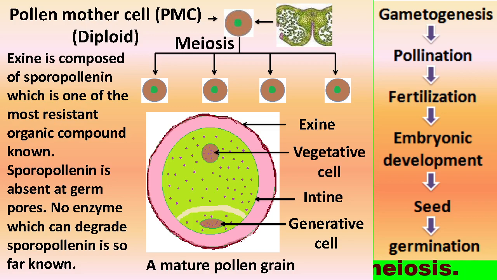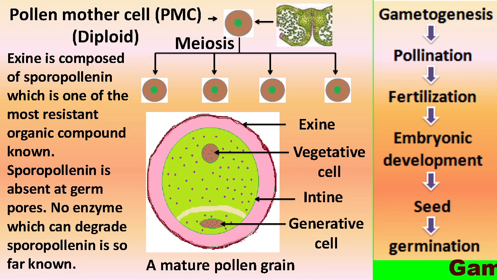This microspore mother cell or pollen mother cell produces what? Pollen grain. The ploidy level of microspore mother cell or PMC, that is the pollen mother cell, will be diploid. And after meiosis, the pollen grains are produced.